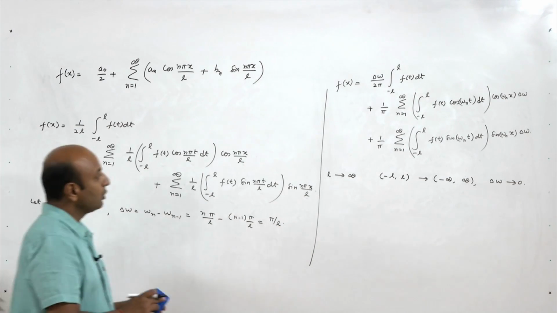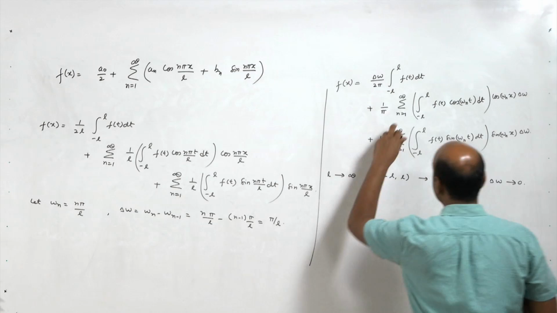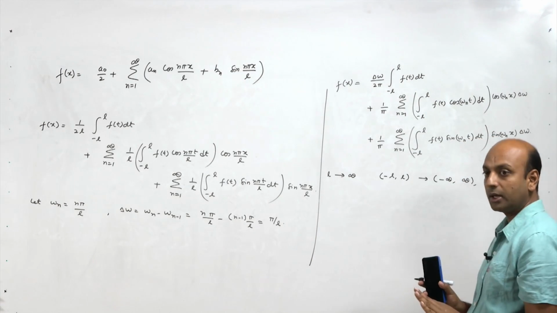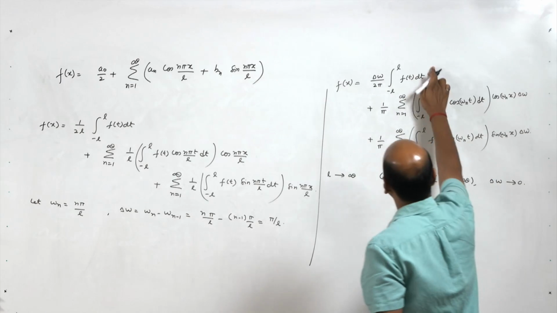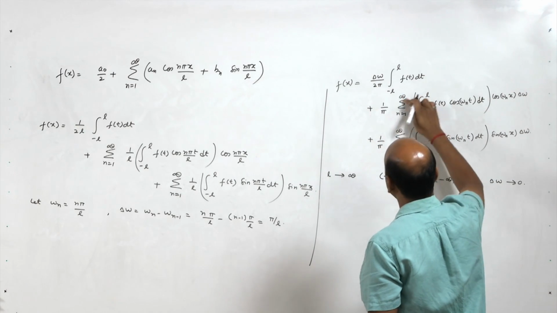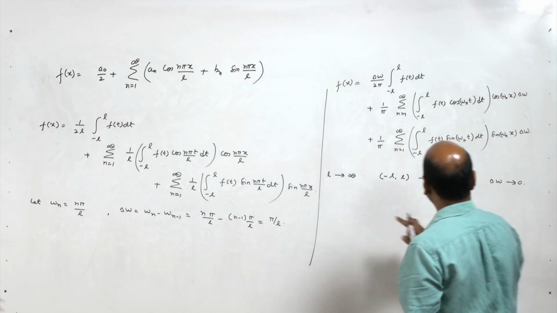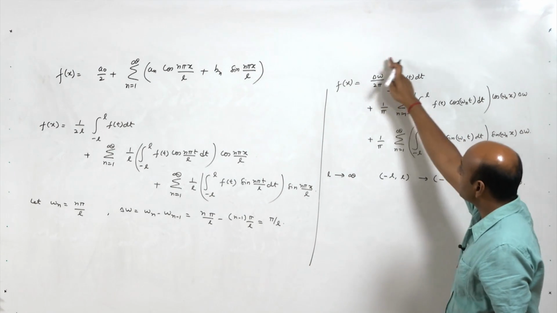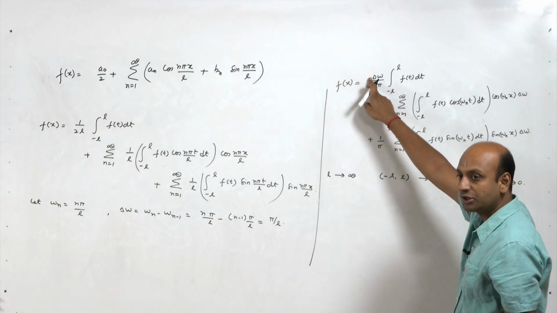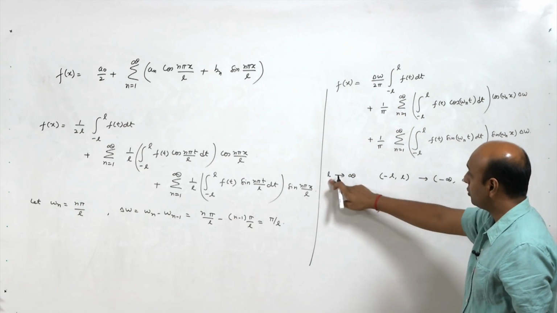Okay. So, and function f(x) is absolutely convergent, that we have already assumed. So, this integral when L tends to infinity is finite and delta omega tends to 0. So, the first term is tending to 0, because delta omega tends to 0 as L tends to infinity.